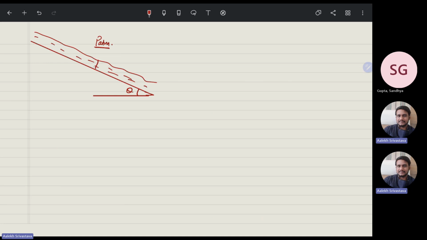So this is some thin film of height h, and the gravity is acting, and you need to solve for what is the velocity profile.